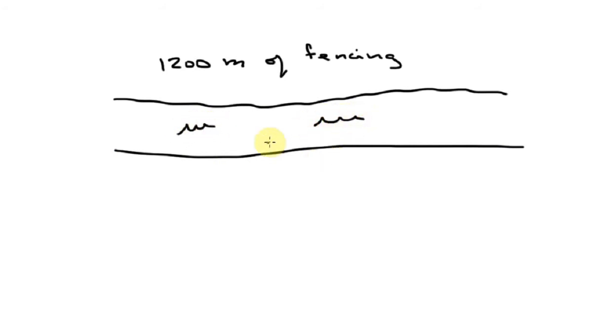So there's the river, and what you want to do is come along here and take your fencing, run down this way a little bit, run across like this, and then run your fencing back up. Now, I didn't draw this very well, but it's supposed to be a rectangular shape. Presumably the river runs perfectly straight, not quite like in my drawing.